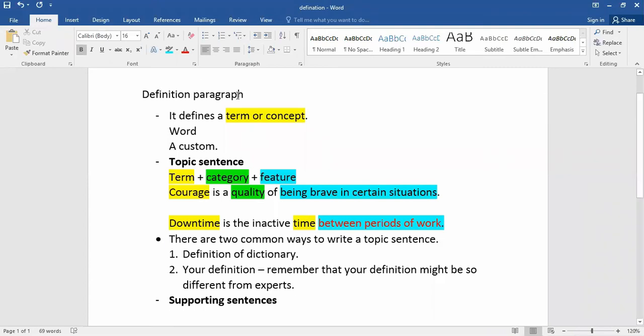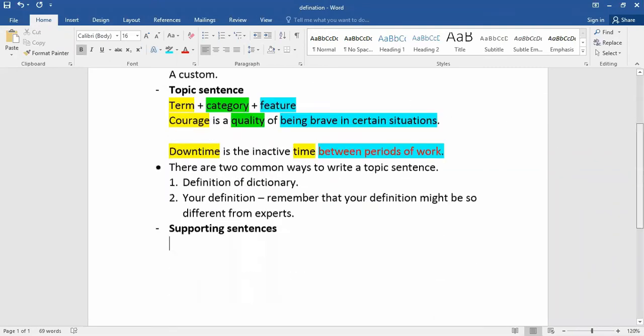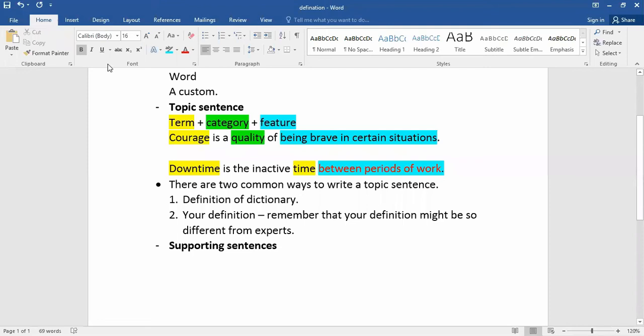What is that structure? You know that supporting sentences have three parts. The first part of supporting sentences is the main points.